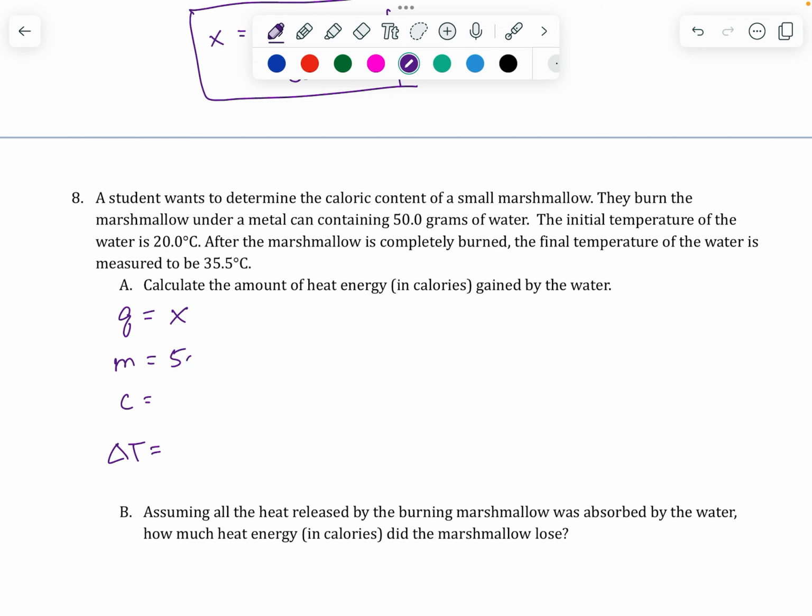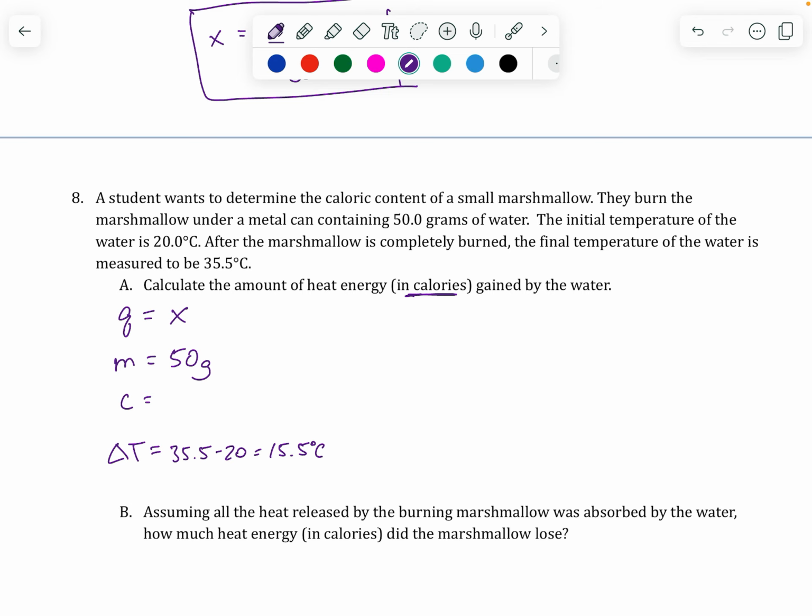The mass of the water is 50 grams or milliliters. The initial temperature was 20, and the final temperature was 35.5. So 35.5 minus 20 gives us 15.5 degrees Celsius as a change, and it tells us that we want the energy in calories.